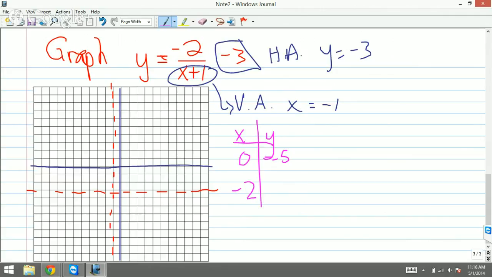And negative 2 is negative 1. That's where those dots are, so now I can just kind of sketch my graph. Again, not being perfect today.